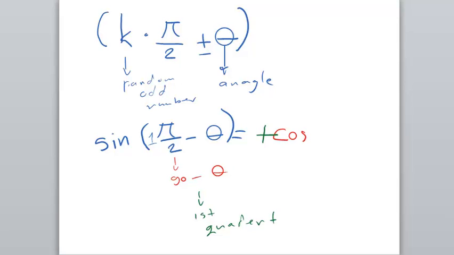Okay, let's do another example. Let's say sine of 3 pi over 2 plus an angle is equal to what?